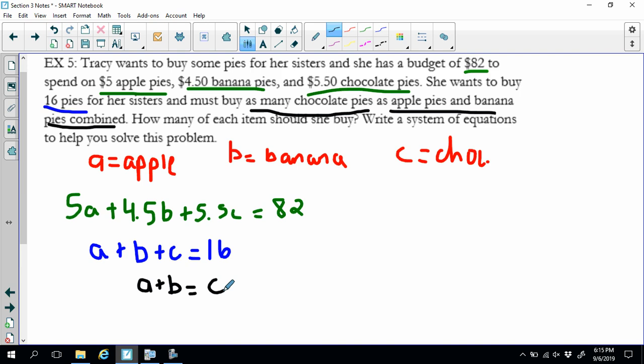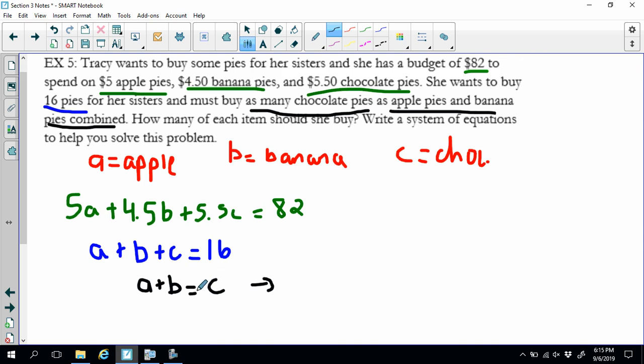Now, using this information, we are going to create our matrices. Before we do this, let's look back at our last equation, A plus B equals C. Remember, when we create our matrices, the B matrix can only have constants. That means we can only have numbers that have no variables. Notice that we have this C over here.